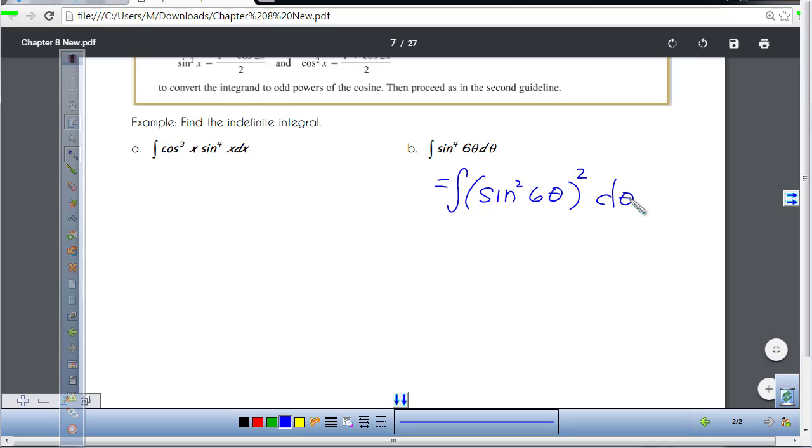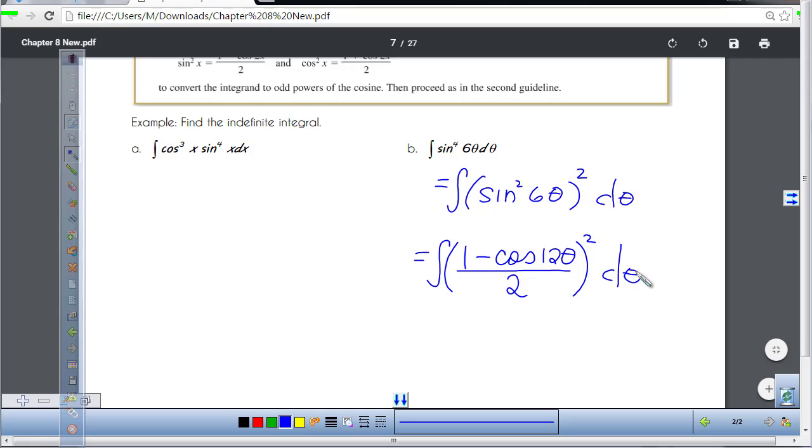That still gives me the 4th power, right? And then for sine squared 6 theta, I can rewrite that as 1 minus cosine of 2 times whatever my argument is right here. So this is the integral of 1 minus cosine of 2 times 6 theta, so that gives me 12 theta, over 2. And then that's still going to be squared, d theta.